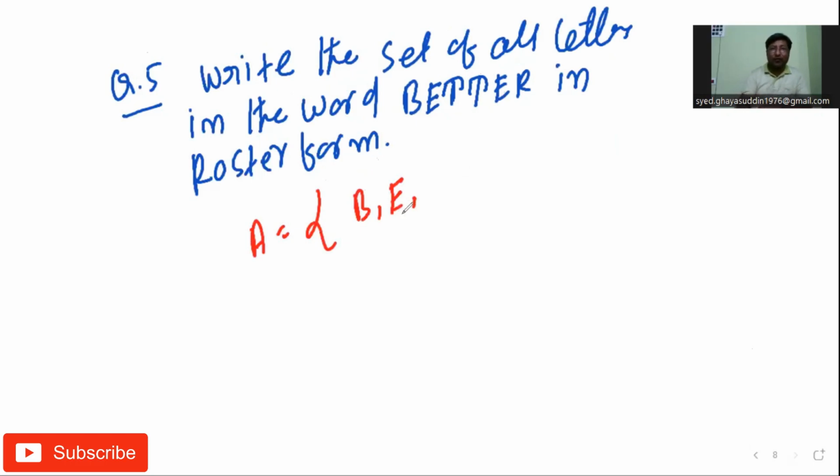So write only one E, write only one T, and R. This is the right answer. This is the roster form of the word BETTER. E 2 times, write only one time. T 2 times, write only one time. So this is the correct answer. Thank you.